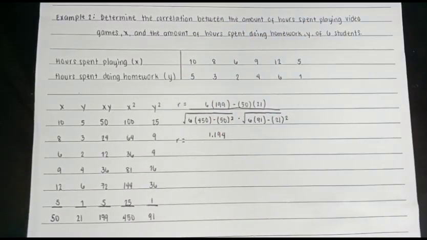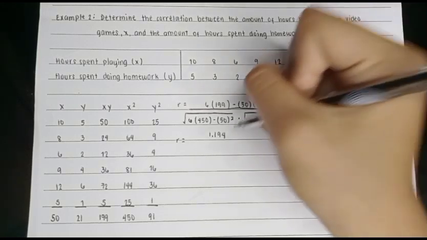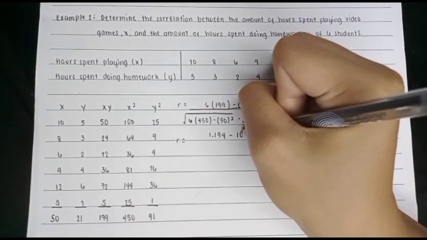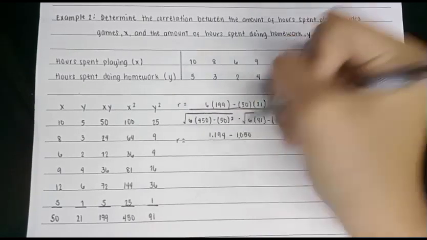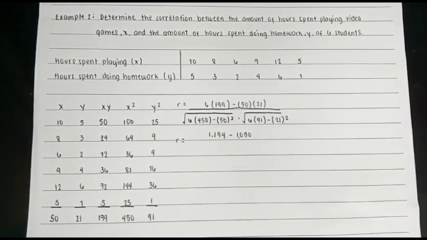Then next is on the right side, which is 50 times 21 is equal to 1,050. Proceed naman tayo sa baba, pero yung nasa left side muna, square root of 6 times 450 minus 50, then squared is equal to 14.14.